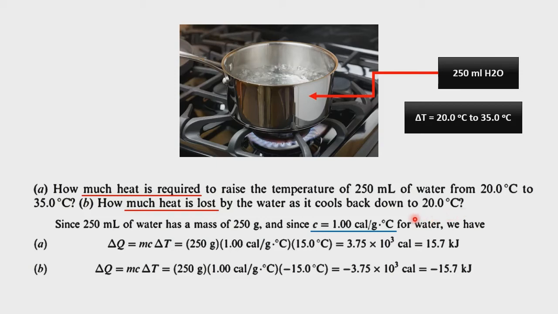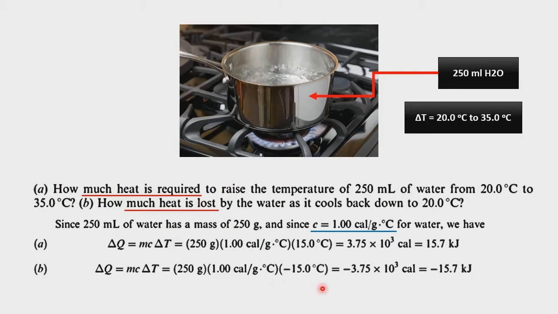In other words, 20 degrees Celsius minus 35 degrees Celsius will become negative 15 degrees Celsius. Now, the negative here simply means that the final temperature is lower than the initial temperature because heat is lost from the system, which is water in this case.